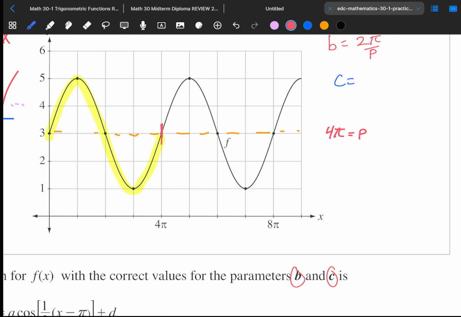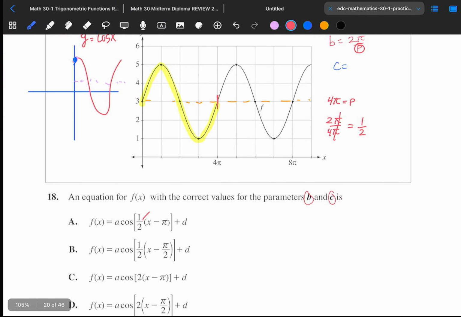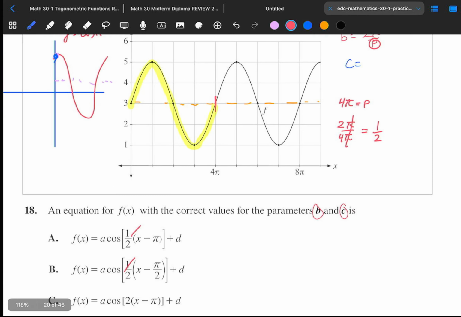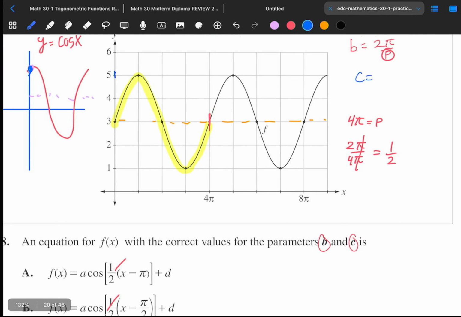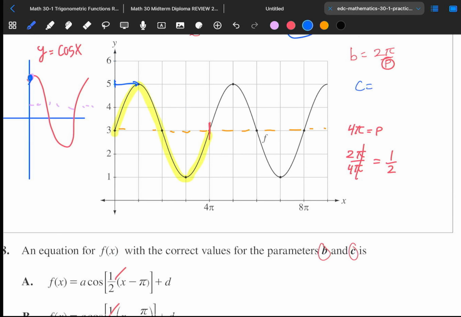If we plug that into our formula, we have 2 pi over our period, which is 4 pi. These pi's cancel out, and you get 2 over 4, which is just 1/2. So 1/2 is the correct b value. So we're already having a good start here. Now we just have to find the value from here to here, because this will be our positive phase shift. Again, this looks to be 4 pi right here, and we're looking for this point on x.